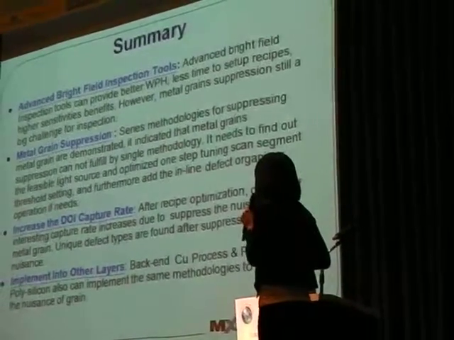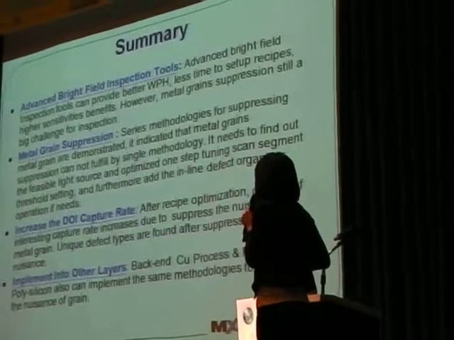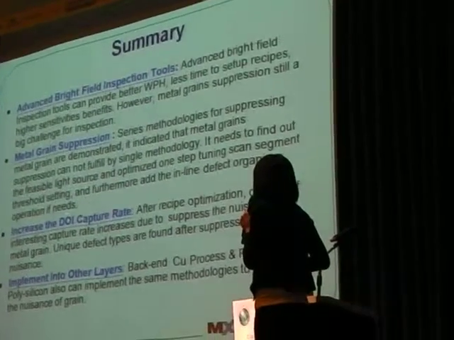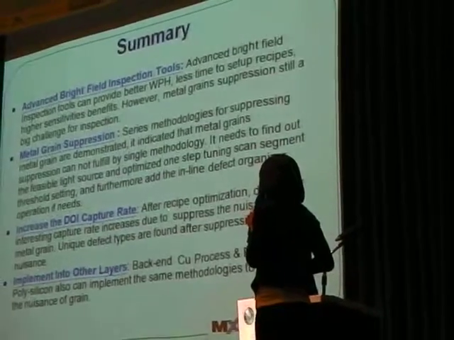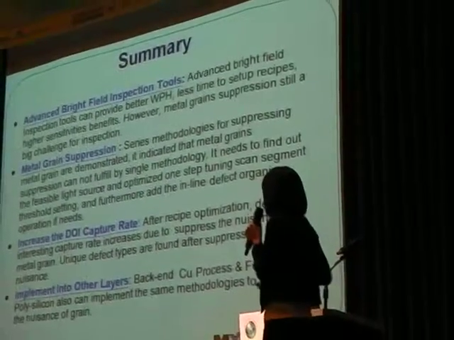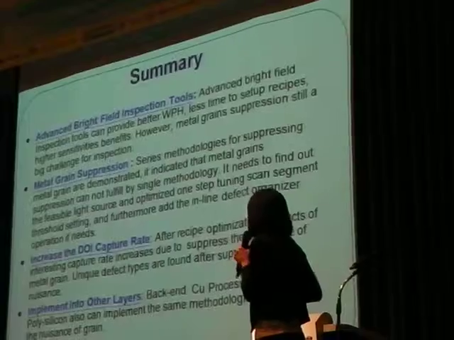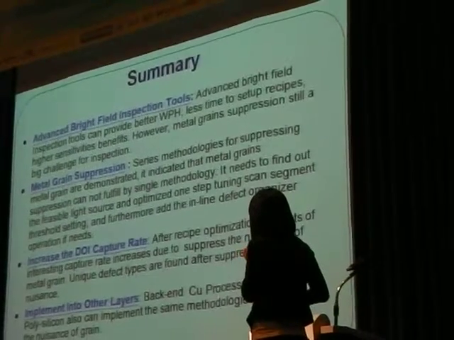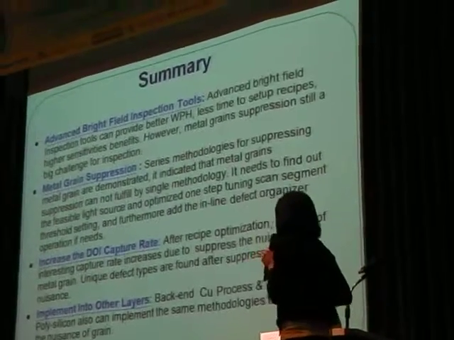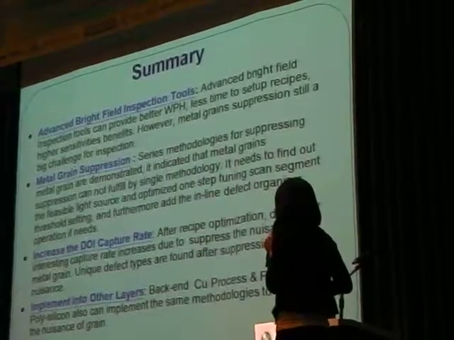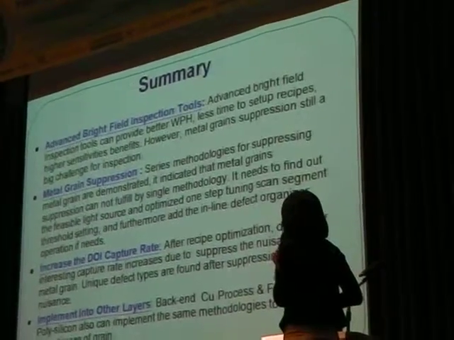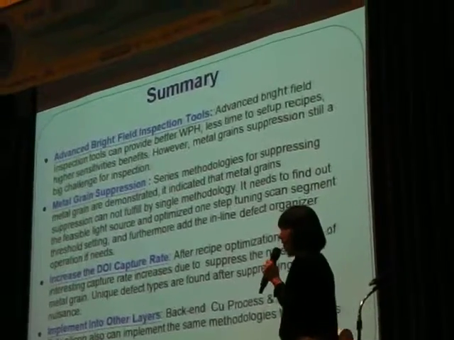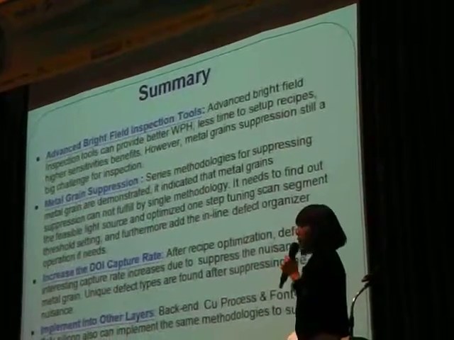And after the recipe optimization, we can get unique defects like scum or collapse defects. And we can implement this methodology on the back-end copper process and front-end polysilicon. It's the same: we can implement the same methodology to separate the nuisance of ground. This is my conclusion. Thanks for your attention.